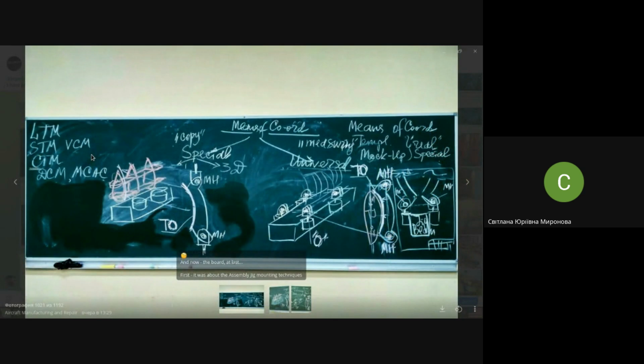All the techniques of coordination, however you call them, at least the old-fashioned techniques before the appearing of computers, when we worked with lofts, drawings and lofts 50 years ago: all the techniques that were in use were not less than 4 different techniques.